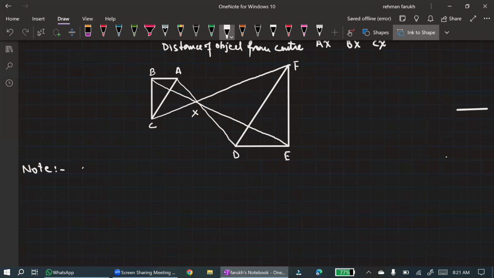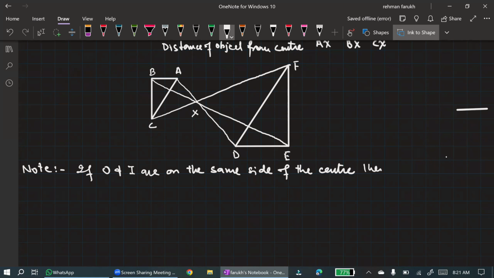If O and I are on the same side of the center, then the scale factor is written positive.